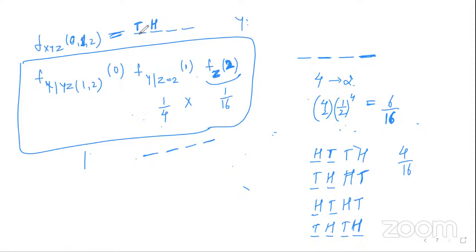So if first is T, then other is going to be H. And Z represents the total number of heads on the first 4 tosses, so it has to be 2. So TH is fixed. So either we can have TH HT or we can have TH TH, right? So this is 1 upon 16. This is 1 upon 16. If you add it, you will get 1 upon 8.